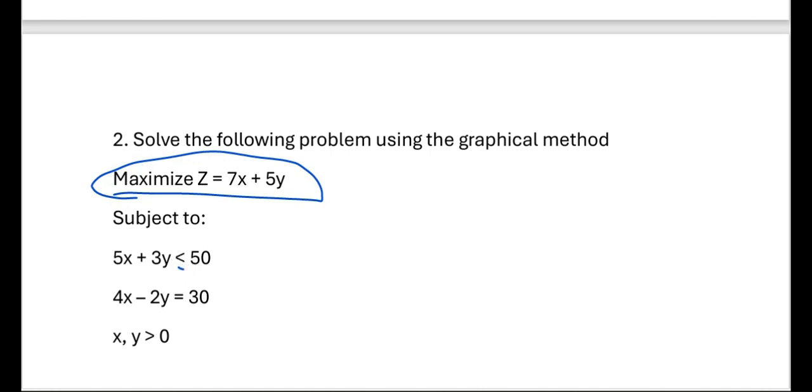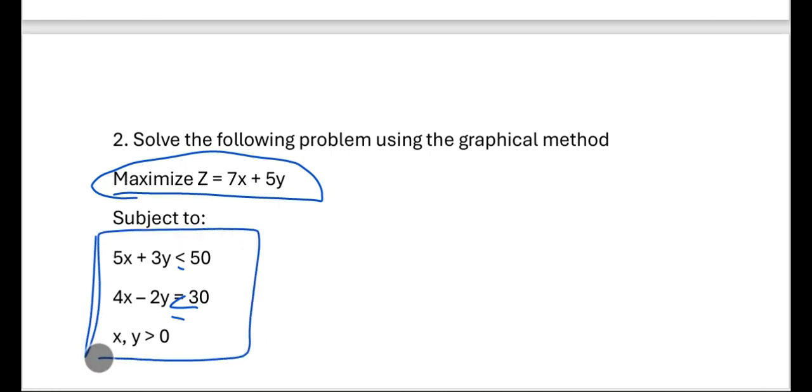It's supposed to be less than or equal to. Also for this one should be less than or equal to. There's a small slight error there. So these ones are constraints. This is the objective function. That means you should solve this subject to these constraints.